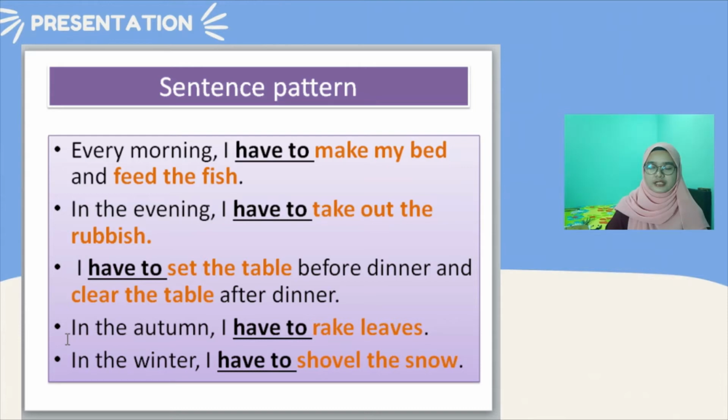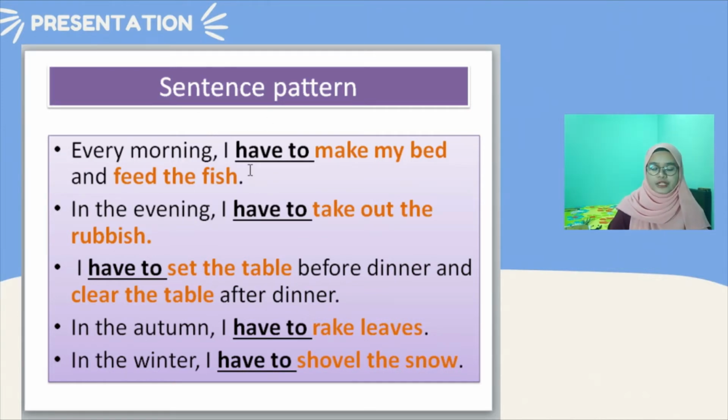The fourth sentence: in the autumn I have to rake leaves. And the fifth sentence: in the winter I have to shovel the snow. Okay, so all these 5 sentences have similarities among them. What are the similarities?